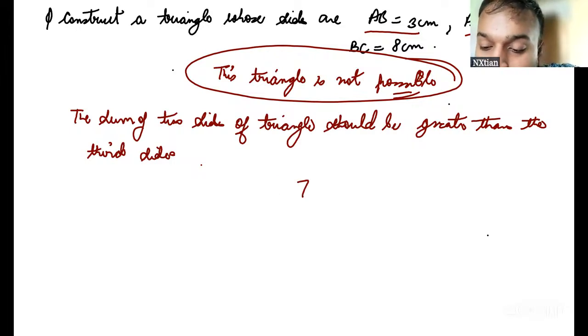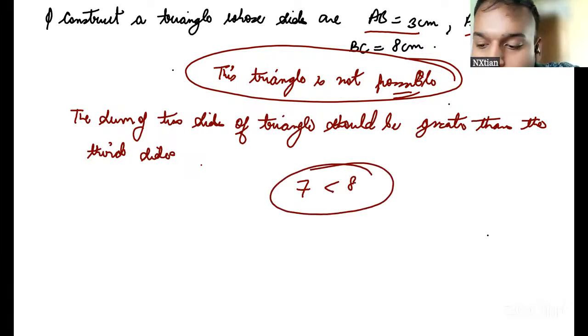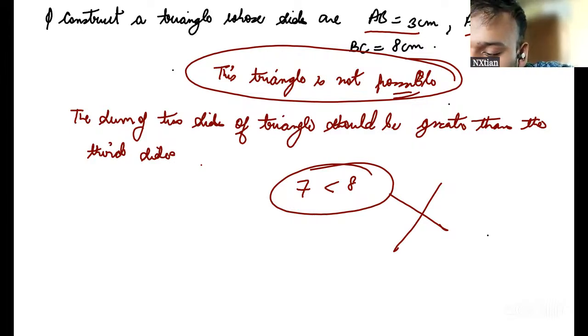Okay, but it is less than the 8 centimeter, which is the third side, BC. So that's why the triangle is not possible. Understood? Yes or no? The sum of two sides of a triangle should be greater than the third side. Write it down.